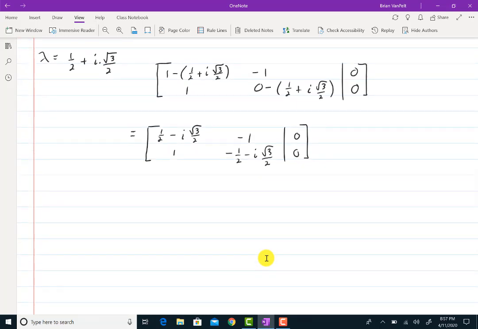Now to simplify this, it looks pretty bad, but since this is just a 1, I can multiply by the negative of this number times this and then add it, and it will zero it out. So what I'll do is I will multiply row 1 by -1/2 plus i radical 3 over 2, and then I'm going to add it to row 2.